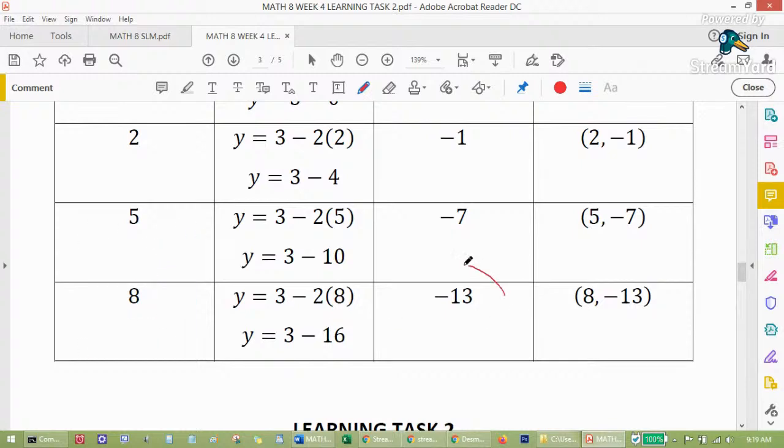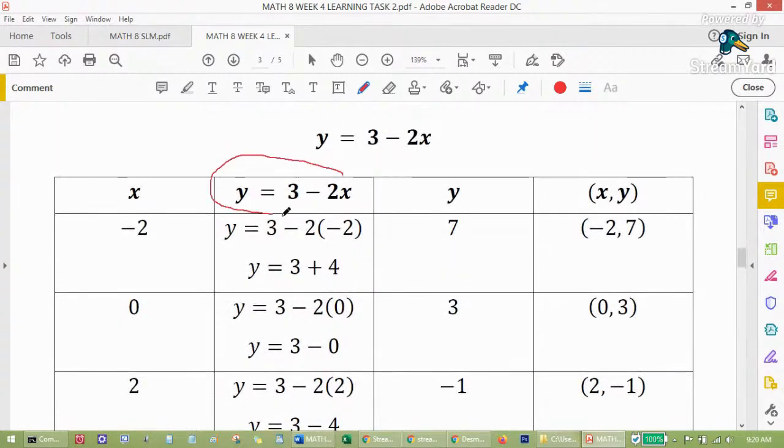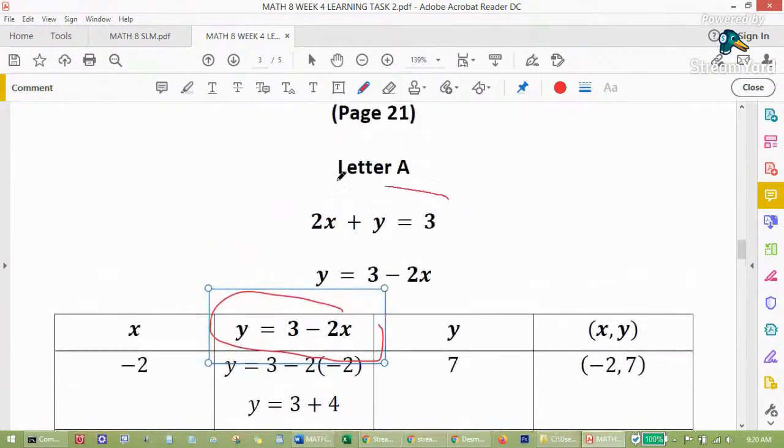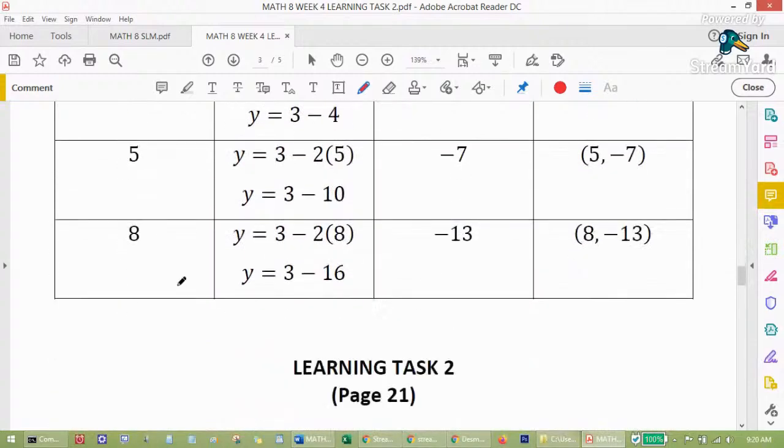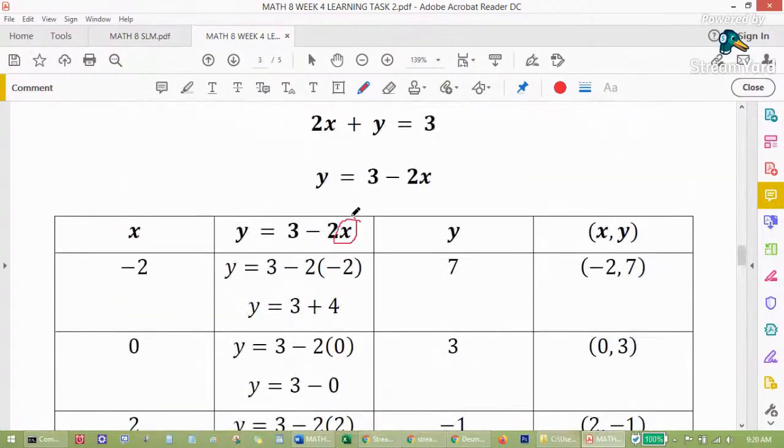So, ano dapat ang value ng y para kapag ang x is 8 ay maging point ng y is equals ng equation na to, 2x plus y is equal to 3. So, yung 8, substitute mo lang doon sa x doon.